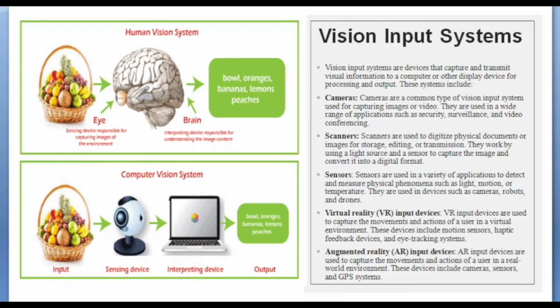Next is vision input system. Vision input systems are computer systems that use visual data such as images or video as input. These systems typically use algorithms to analyze and interpret the visual data in order to perform specific tasks.